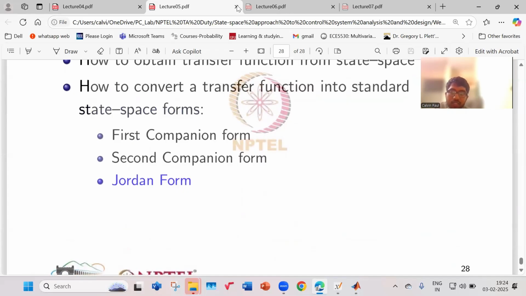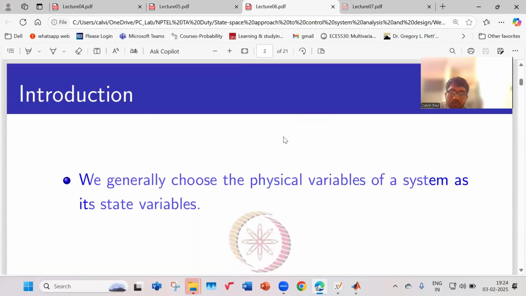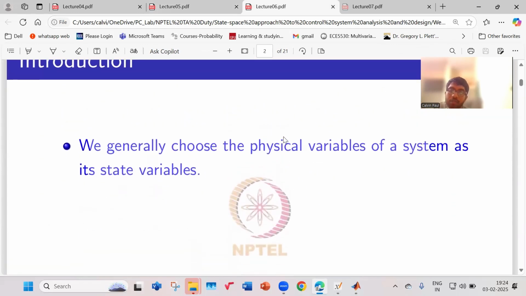So now let us go to lecture 6. What happens is we choose the physical variables of the system as state variables. Like in the series RLC system, we consider the inductor current and capacitor voltage as the states, right? Because they represent something very significant of the system which we can understand and measure.